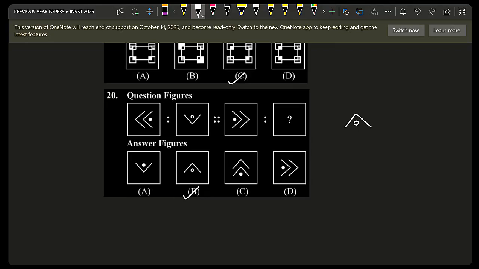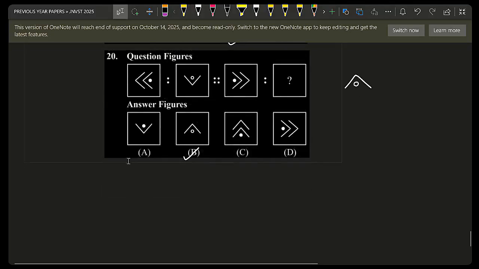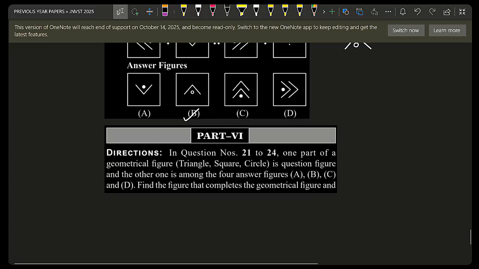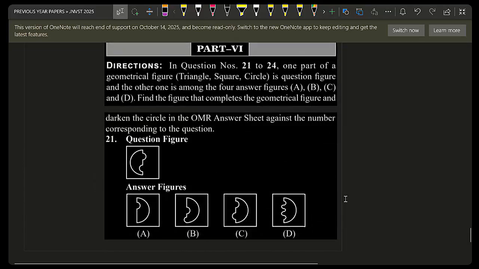Next set, part 6. Okay, let's go through the directions.